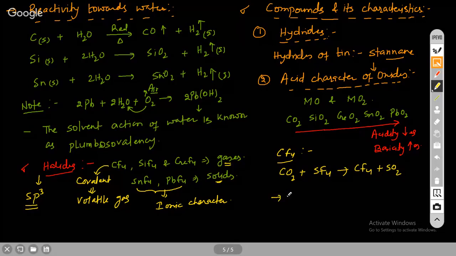We use chlorofluoromethane, which is CF2Cl2, dichloro. When this is allowed to react with fluorine itself, it forms CF4 and chlorine evolves.